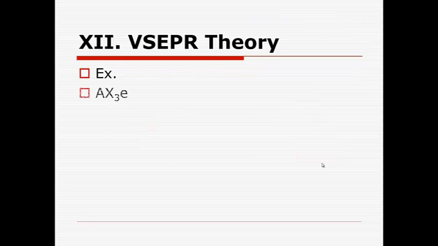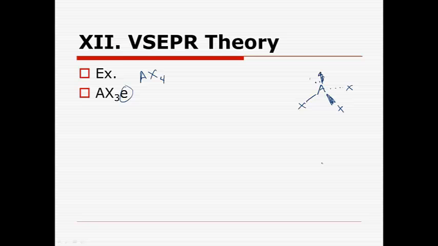Okay, AX3E. Notice three things plus another pair. So that's basically based off of AX4. So we have to draw our tetrahedral. And then take off one of these bonds and replace it with an electron pair.